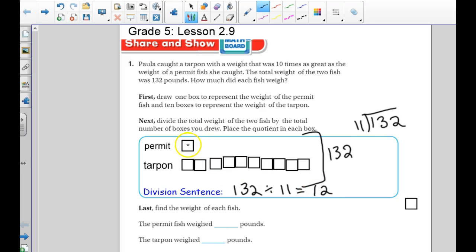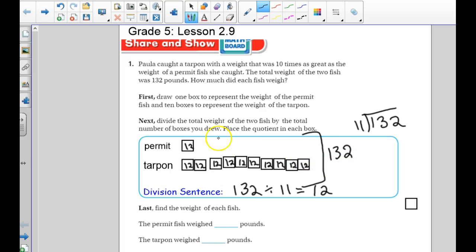Okay, and when you get your answer, you should put your answer in the boxes. Each one of the boxes is going to represent the quotient to this division problem. And you should label them all. That will help you answer any questions later on that they may ask pertaining to this particular question.